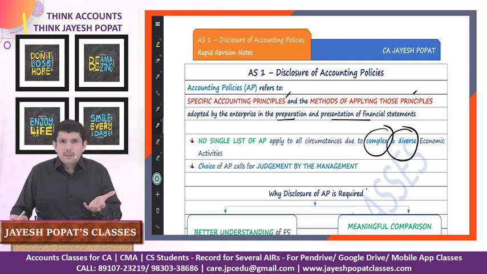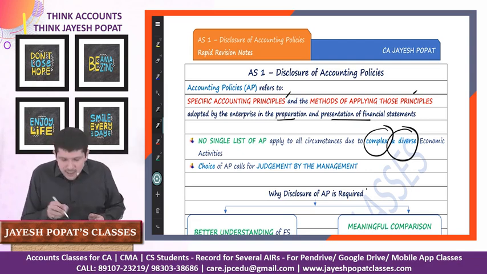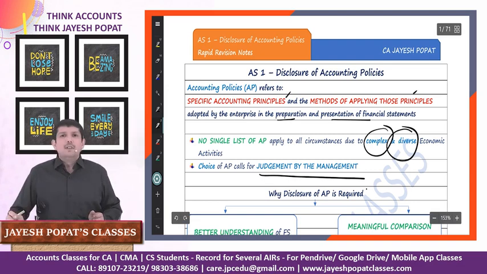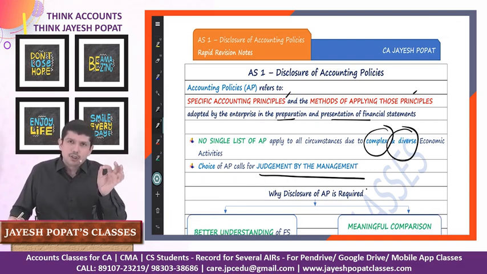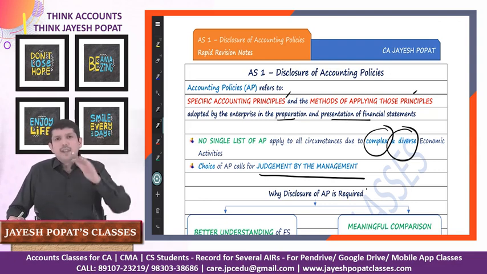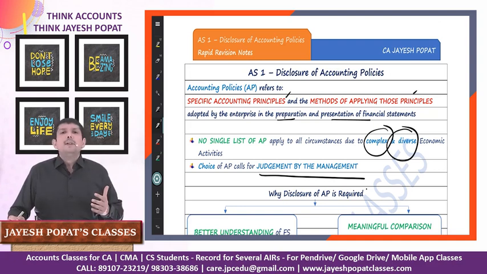So how do the enterprises adopt the accounting policy? It requires judgment on the part of the management. Basically, all the accounting standards will give accounting policy choices, and based on the facts and circumstances in which the enterprise is operating, the management will have to use its judgment and select an appropriate accounting policy which will reflect their operations in the best possible way.